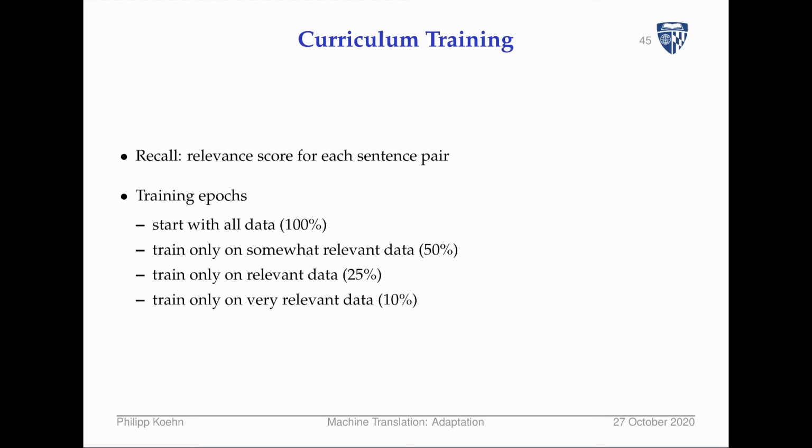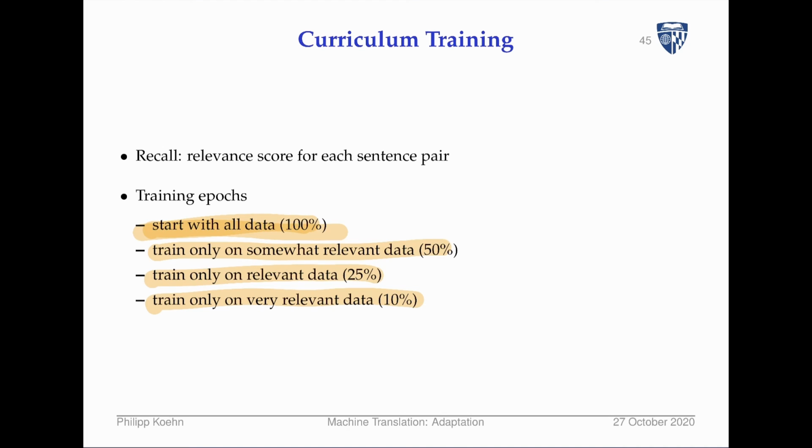We start with all the data, this is our original stage, and then our subsampling techniques tell us that only half of the data is really super relevant, so maybe we should focus on it. Then a quarter of the data is even more relevant, and then maybe only 10% of the data is super relevant.